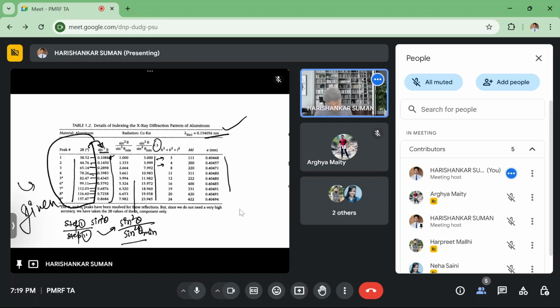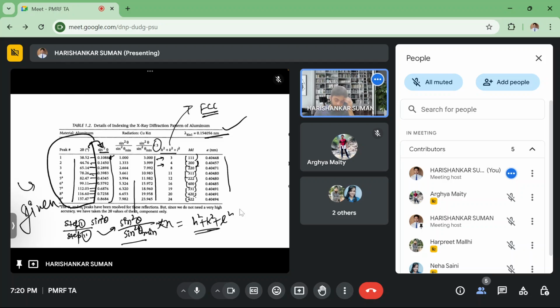So this is equivalent to n times h square plus k square plus l square. So 3, 4, 8, 11, 12 corresponds to body center, sorry, face center cubic. And if h square plus k square plus l square is 3, then hkl will be 1 1 1; for 4, 2 0 0; for 8, 2 2 0.